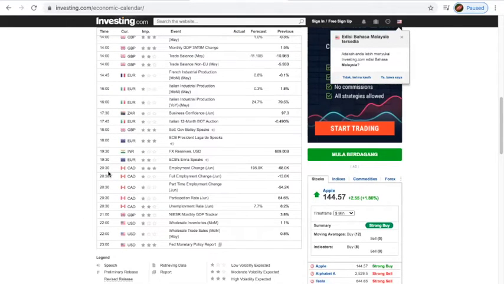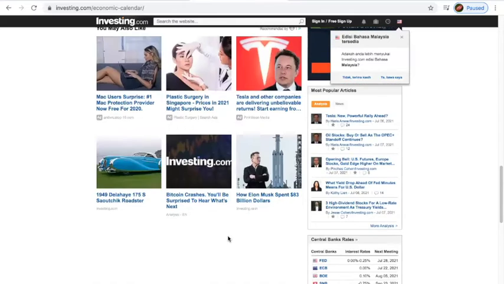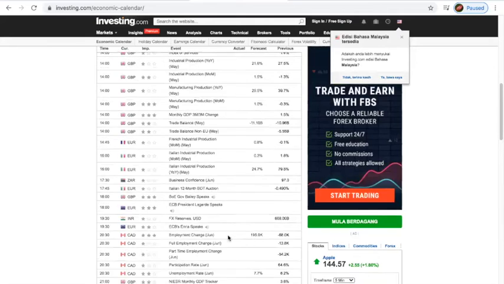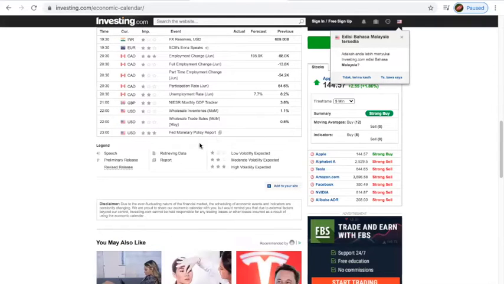Another thing is that at 8:30 today, we have Canada impact, and at 11 o'clock you can see a big impact on USD pairs. The Fed monetary policy report will be released at 11 o'clock tonight, Malaysian time.